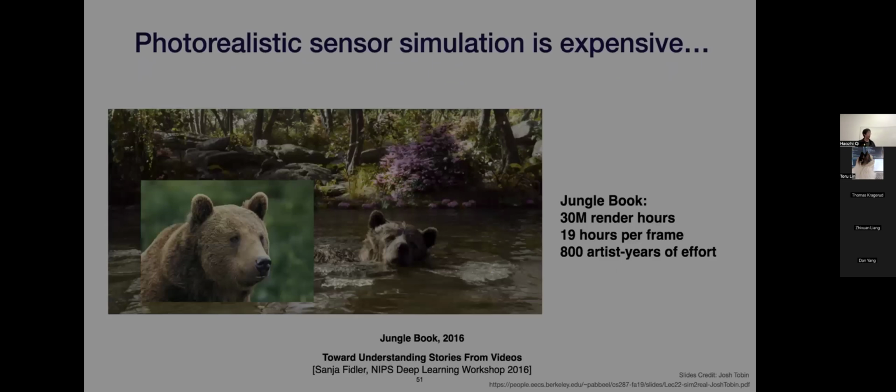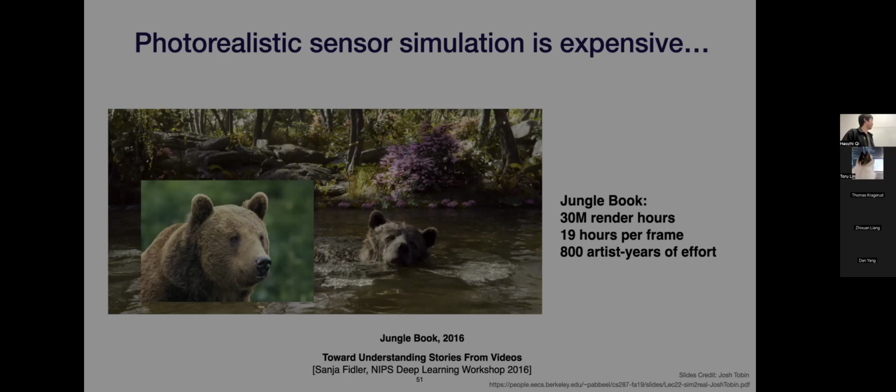On the other hand, photorealistic sensors are also very hard to simulate. We have very advanced techniques in graphics and animation, and of course we can simulate very realistic scenes. This one is from a movie called Jungle Book.